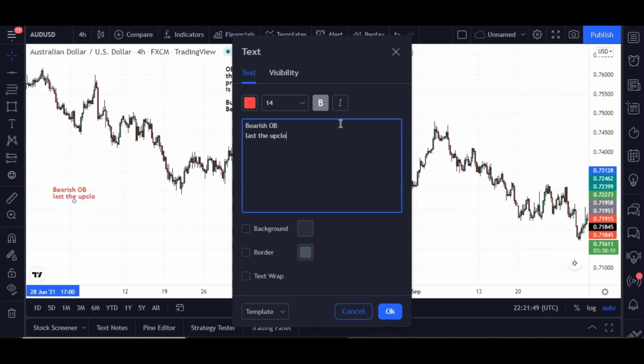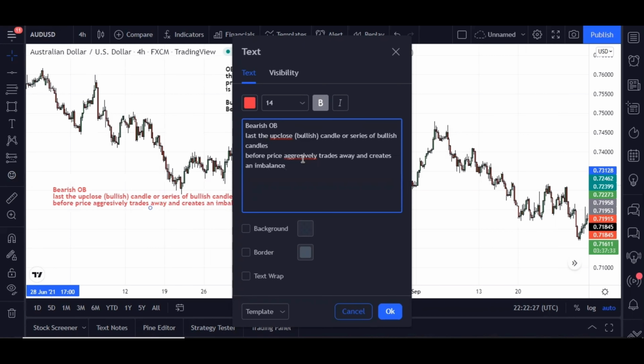the last up close or bullish candle. Up close is bullish. The last up close or bullish candle or series of candles before price aggressively trades away and creates an imbalance.